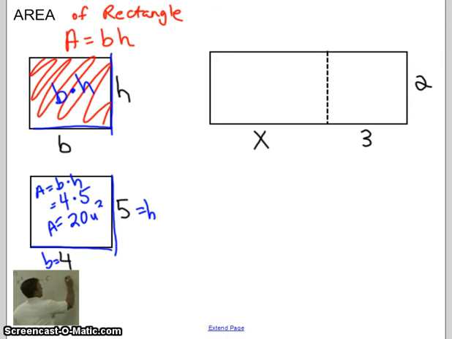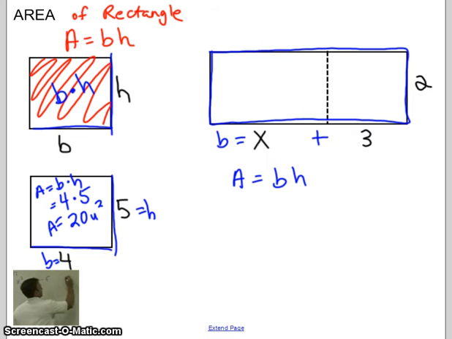Okay, here we have a rectangle, and we have a variable here. Remember it's base times height, our base is the x and the 3. Well, what's x and 3? It's x plus 3.